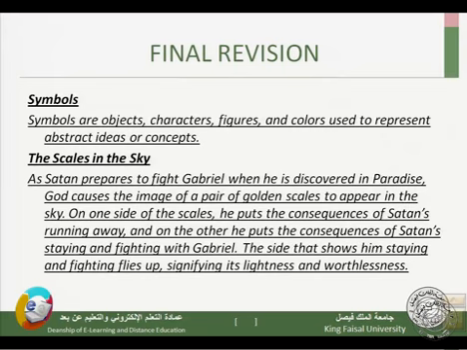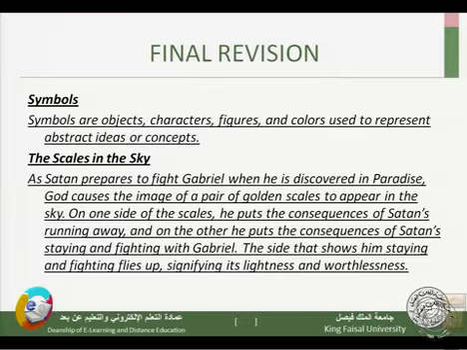Okay, now another important point in this poem is the symbols. Symbols are objects, characters, figures, and colors used to represent abstract ideas or concepts. One of the symbols mentioned here is the scales in the sky.